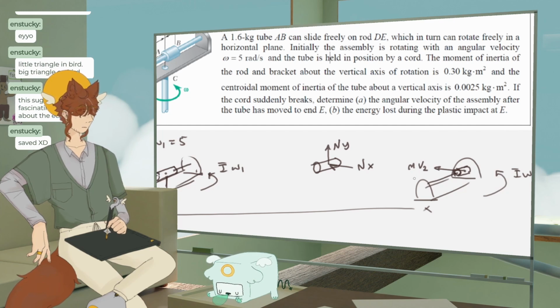Thank God, they give it about the center. Okay, I was worried. Wait, around the vertical axis. Oh, it's okay. Yes, they give us that. If we wrote, well, oh God, are we gonna have to? I think it's okay if we don't.